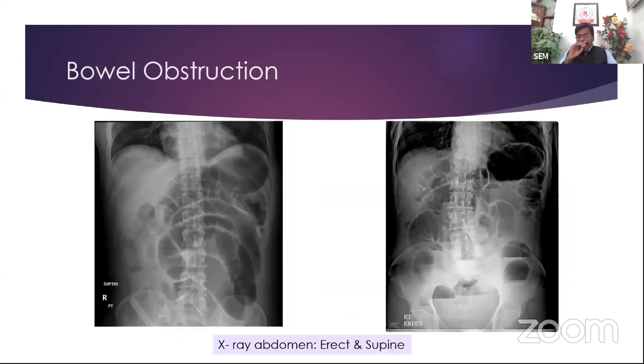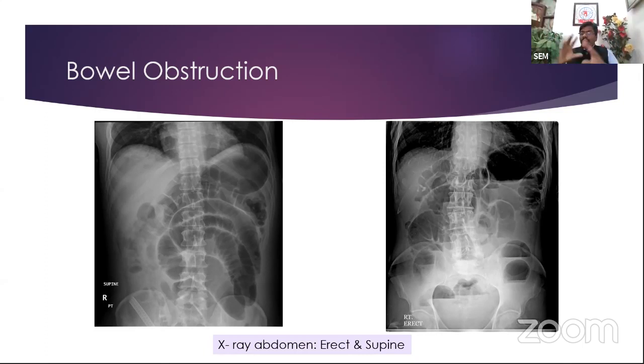Repeatedly asked. And whenever obstruction of the bowel is considered as a differential diagnosis, you have to take 2 views of X-ray of the abdomen. I'll repeat, for peritonitis, you do X-ray of the chest to see gas under the diaphragm, whereas for intestinal obstruction, we do X-ray of the abdomen, erect and supine.